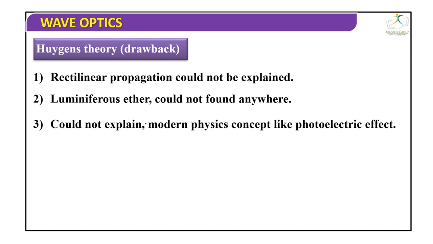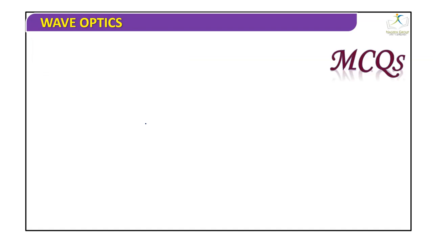So we say that ether is not present in our universe, nor any particular material or medium. Third, Huygens' theory couldn't explain modern physics like the photoelectric effect, which was given by Sir Einstein.